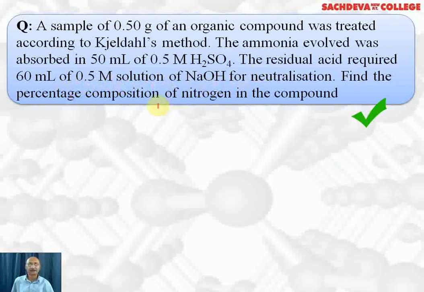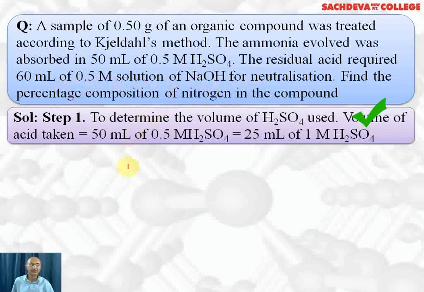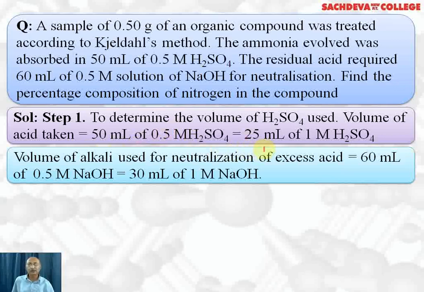Find the percentage composition of nitrogen in the compound. Now to determine the volume of sulfuric acid used, the volume of sulfuric acid taken is 50 ml of 0.5 molar sulfuric acid, which is equivalent to 25 ml of 1 molar sulfuric acid.